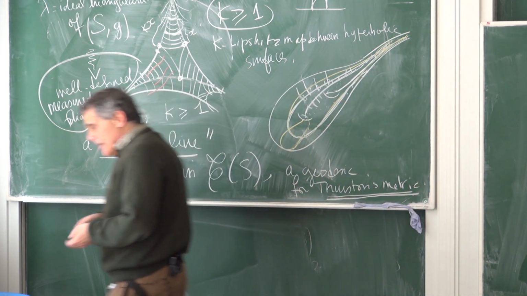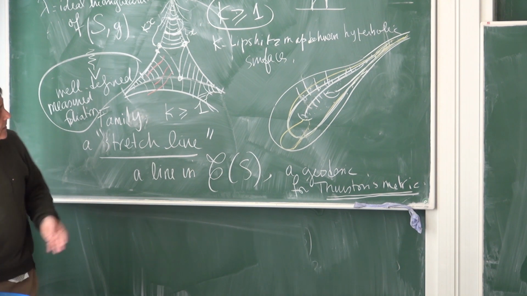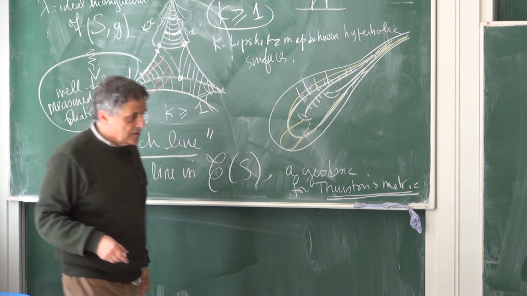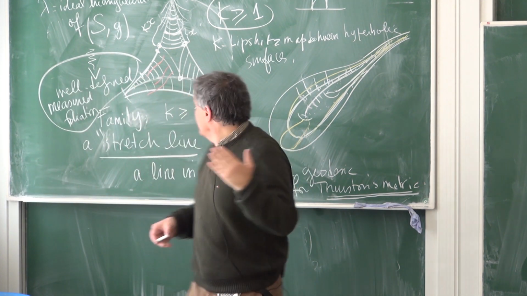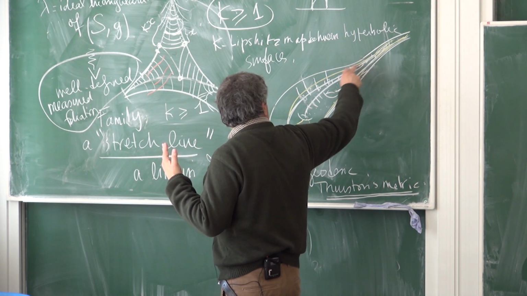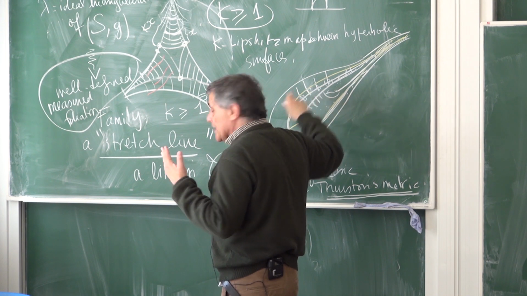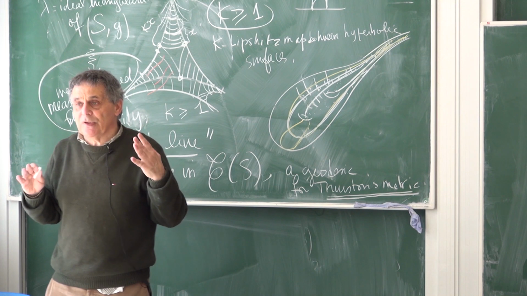There's a result now, which is one of the theorems proven in this paper of Thurston. Given now an ideal triangulation, a topological ideal triangulation, I don't have the hyperbolic structure.